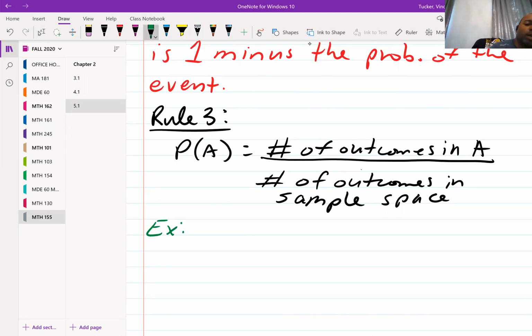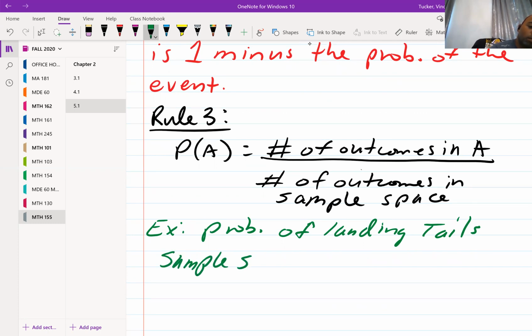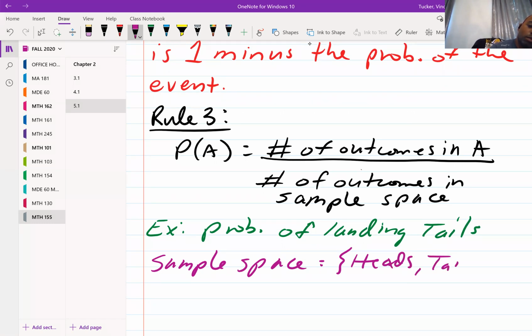And just a quick example on how we'll do that, and then we'll go to some legitimate examples.